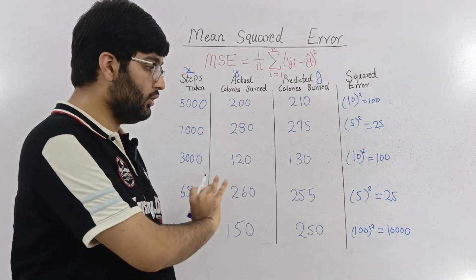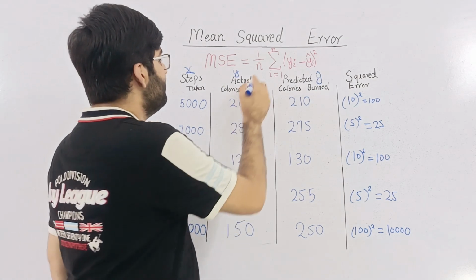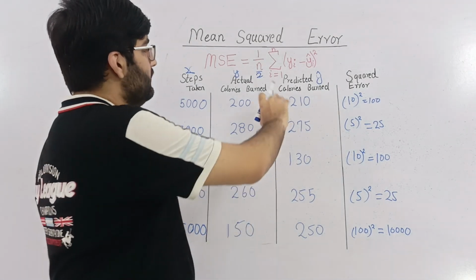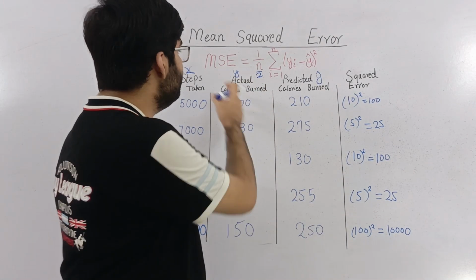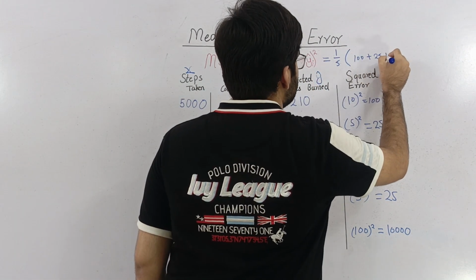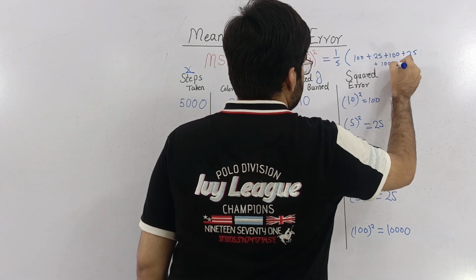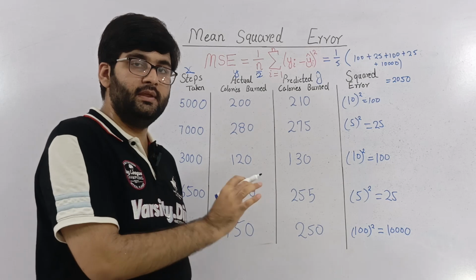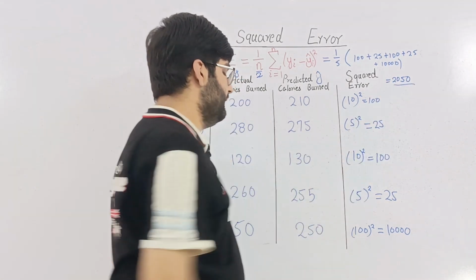Now, because there are 5 rows in the data set, the value of n is 5. So let's calculate mean squared error by plugging in these values. So the value of mean squared error is 2050.